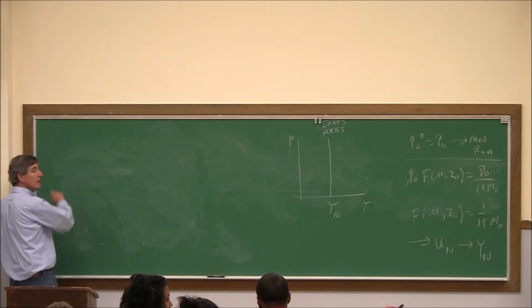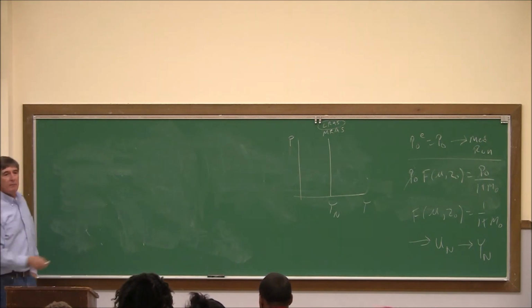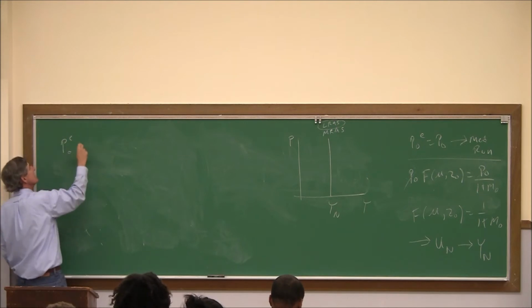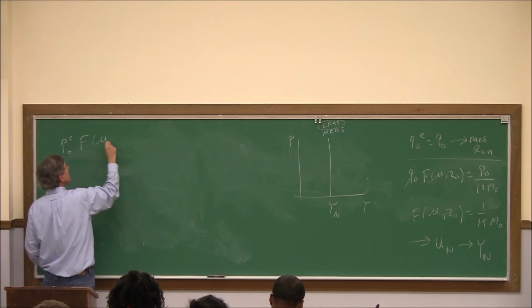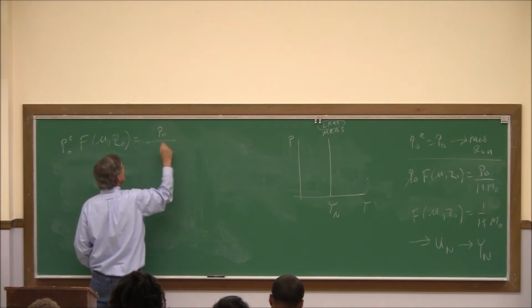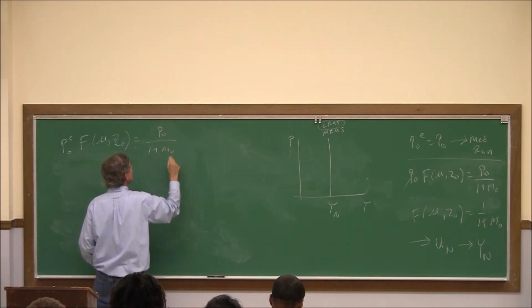Yeah, okay, so now we have a model, PE0, some fixed F of mu something we want to find for a fixed Z0 equals P0 over 1 plus M0.